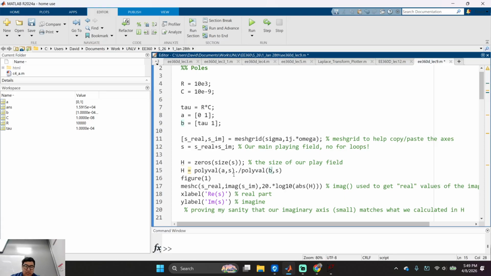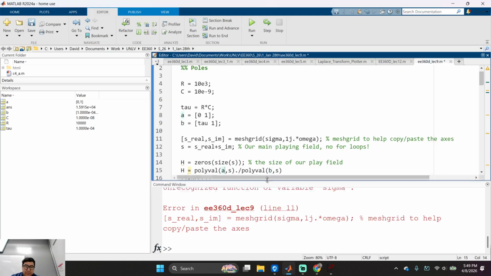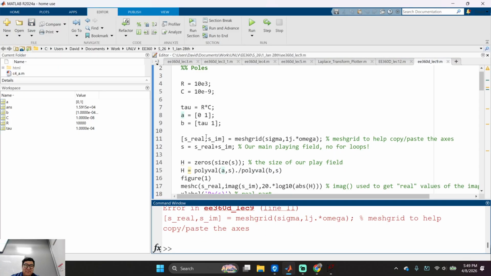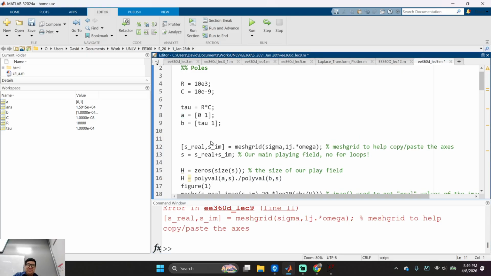What is going on? Let's see. What did it bark at? Oh, sigma. What's sigma? Minus 10. No. Let's see. How do I want to do this? Where's our pole?